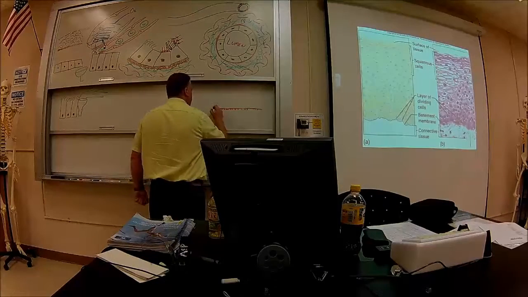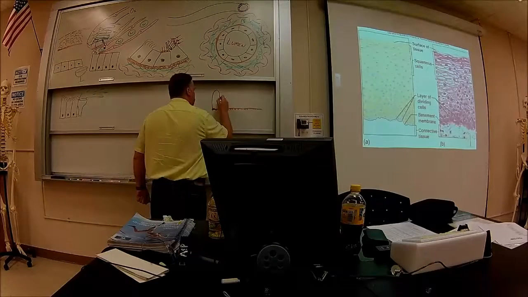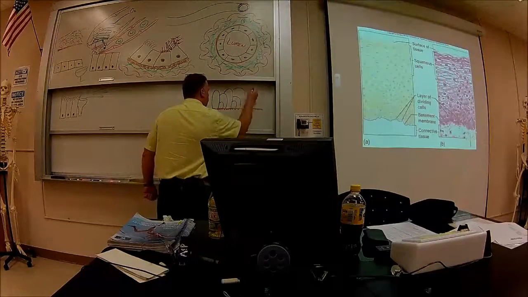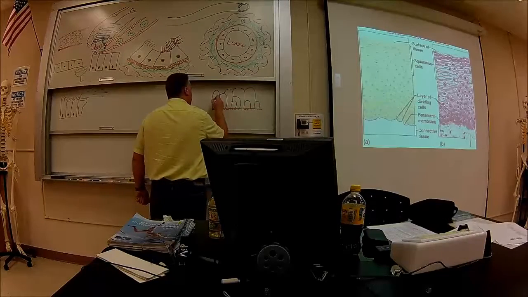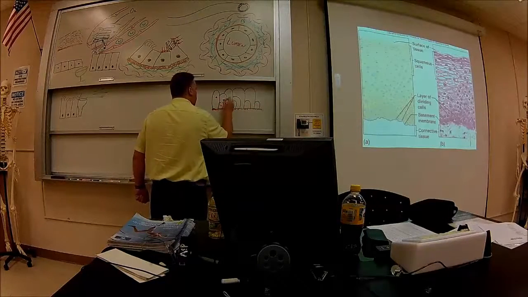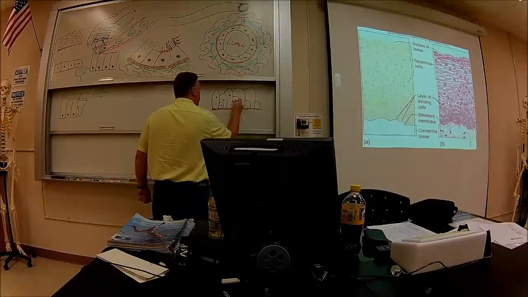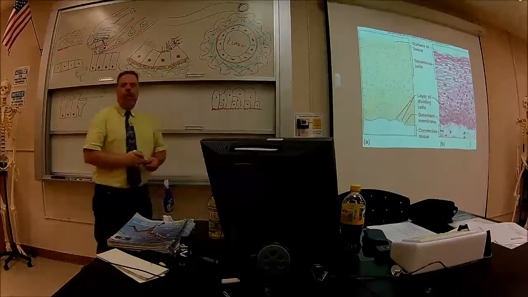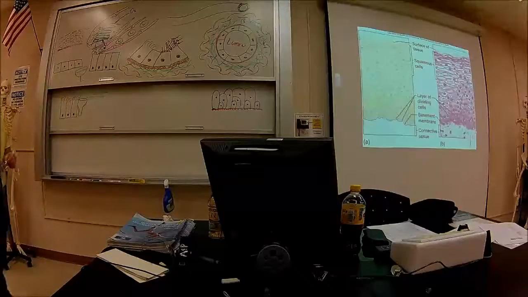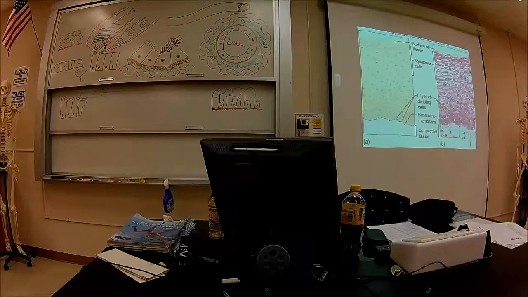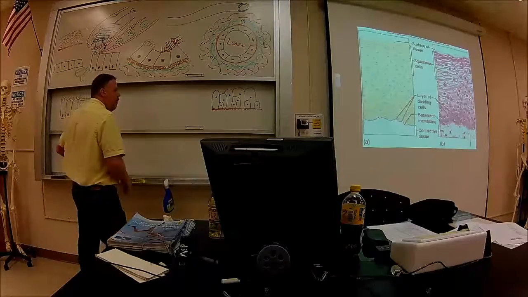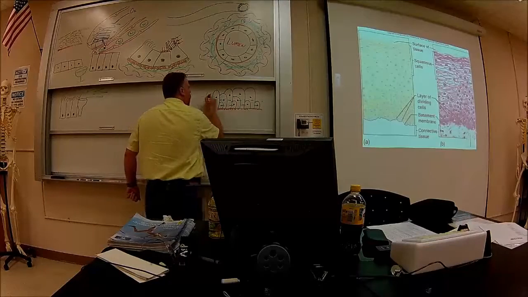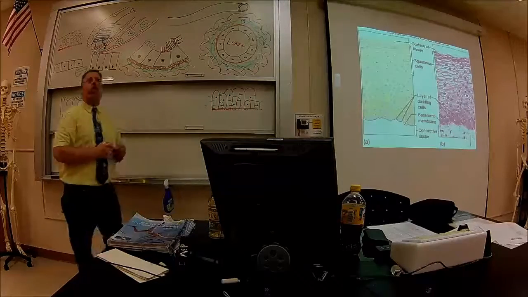Then we have more cells. Now, looking at this very closely, it looks like there's a lot of layers there. When you look at the nuclei, it looks like there's a layer of nuclei there, there's a layer that's over there, there's a layer that's over there. So it looks stratified.